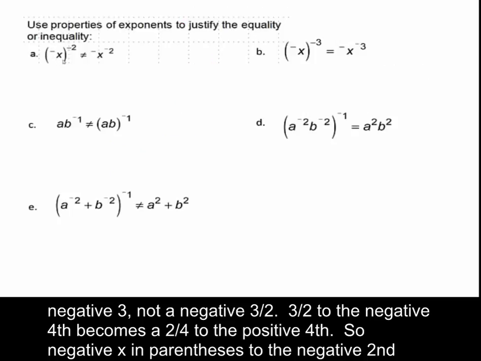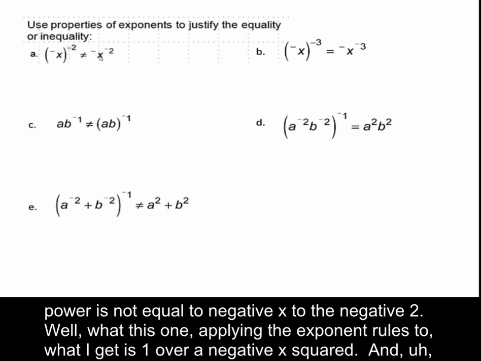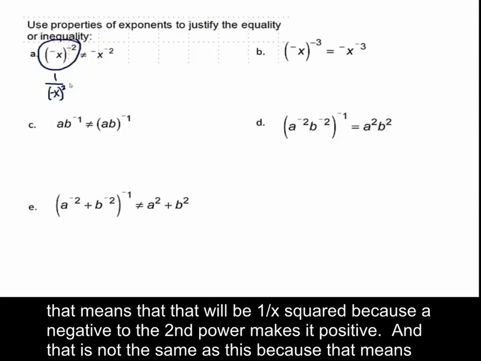So negative x in parentheses to the negative second power is not equal to negative x to the negative 2. Applying the exponent rules to this one, I get 1 over negative x squared, and that will be 1 over x squared, because a negative to a second power makes it positive.